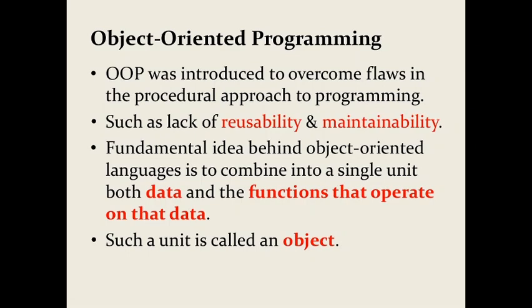The categories are: the programming language can be procedure oriented, object oriented, or object based. Whenever I am talking about any given programming language, that particular language can fall into any of these families. So if I want to say any given programming language is an object oriented programming language, then how are we going to say that, right?